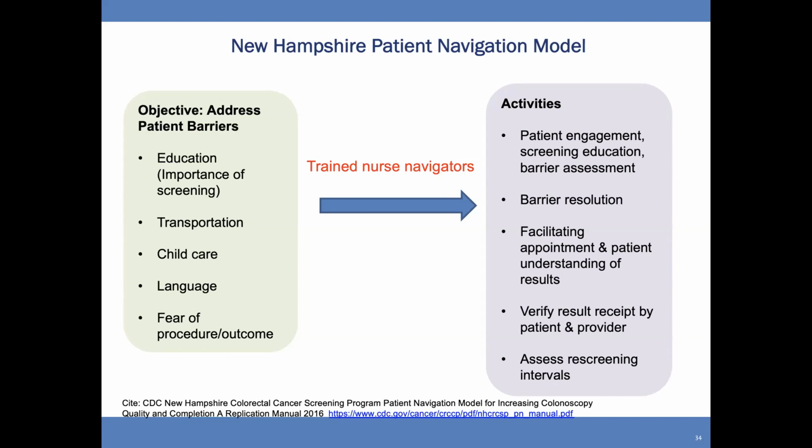They try to identify the barriers that prevent the patient from getting screening, and then help the patient overcome these barriers, right? They provide education about the importance and benefits of screening. They try to facilitate the appointment, right? They do a lot of things to help these people, and that's why the intervention is called patient navigation.